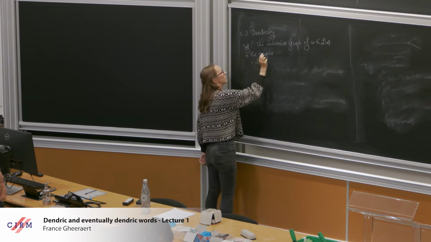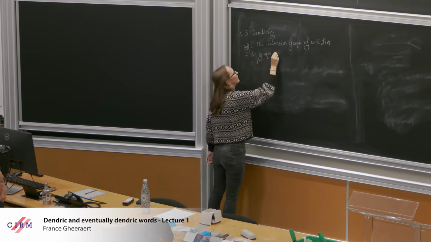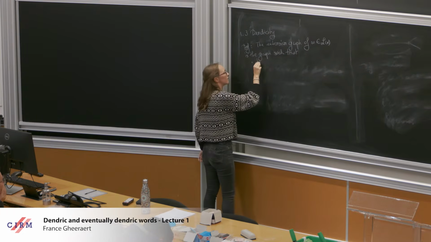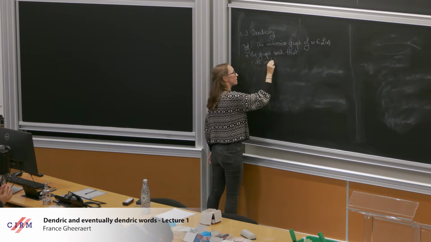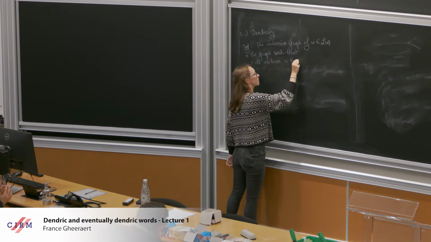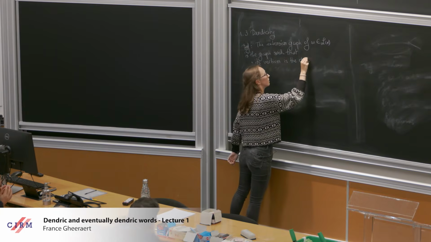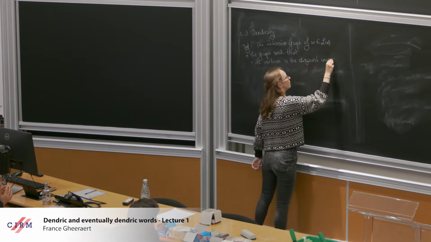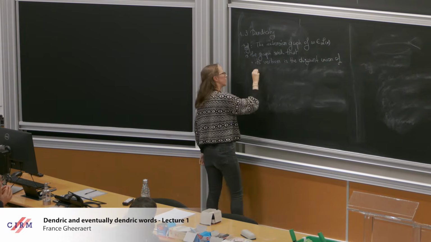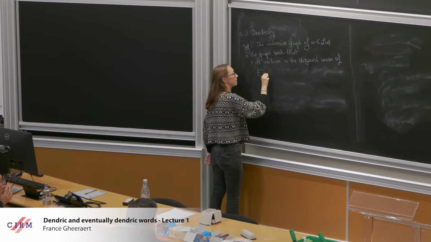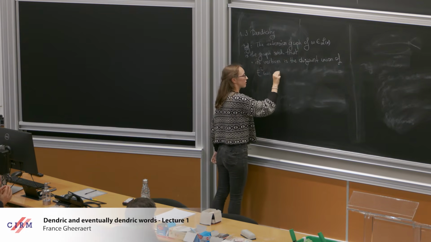So, the graph: the set of vertices is the disjoint union of the left extensions and the right extensions.